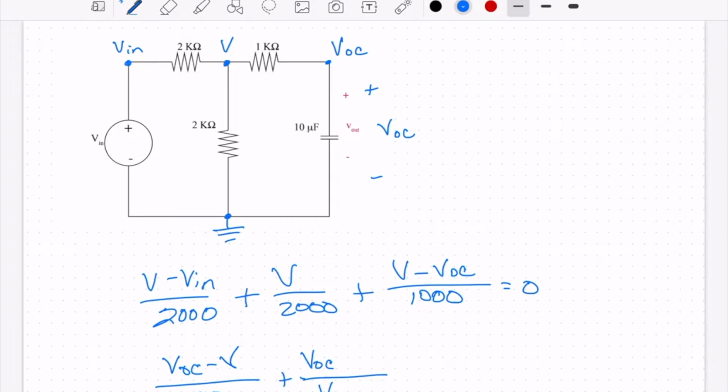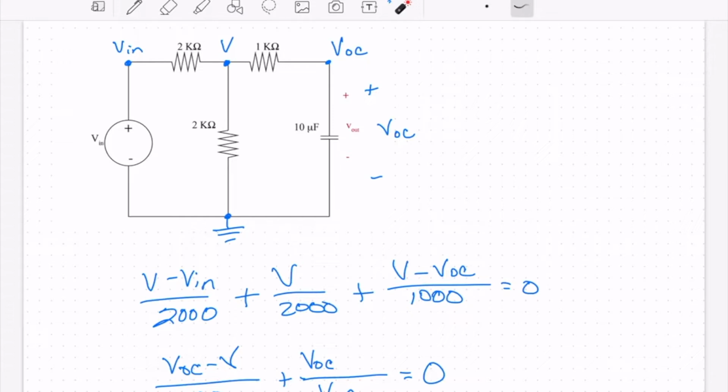You can either write SC or J omega C. I'll just write SC right now. We'll substitute J omega in a minute. I usually do this because I have it in my head that the impedance is 1 over SC, and then I just substitute J omega for S. Okay, so those are our two equations.